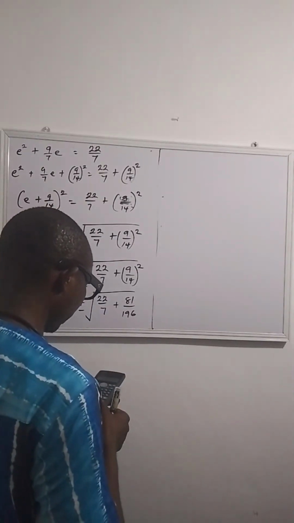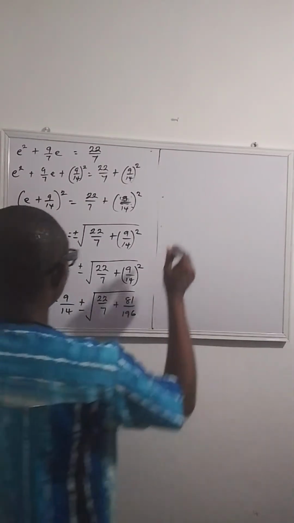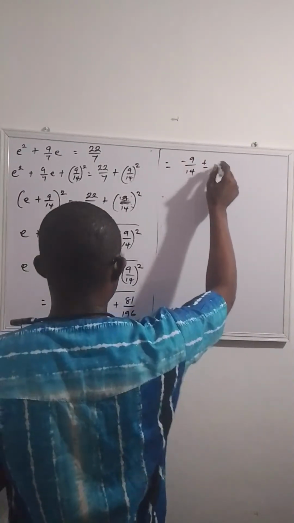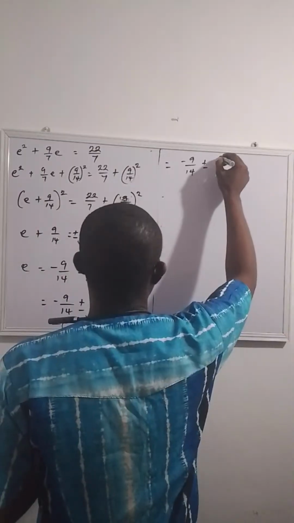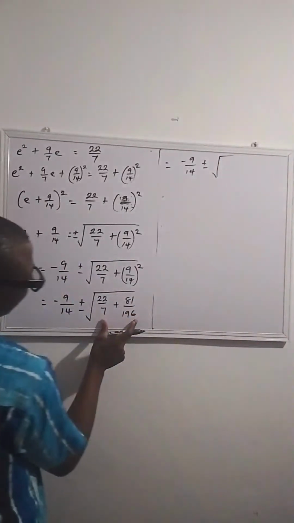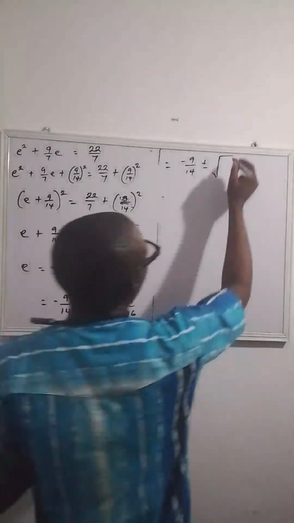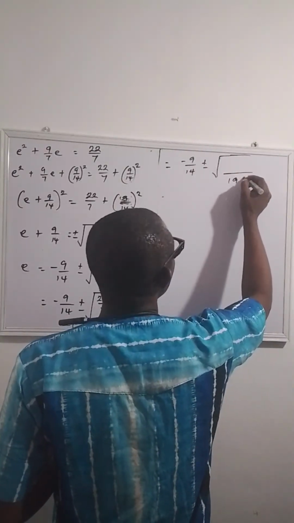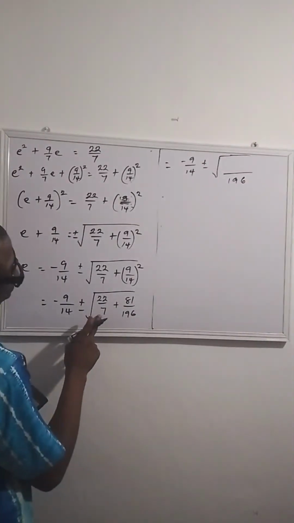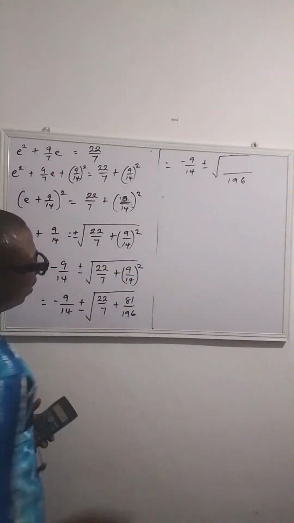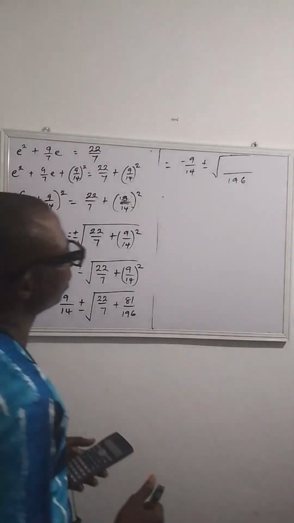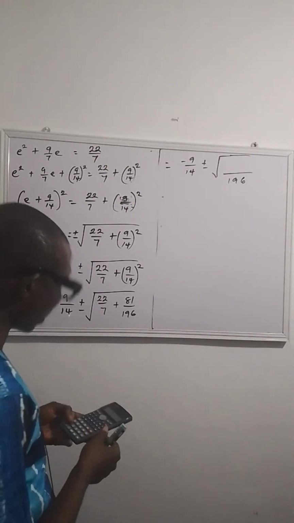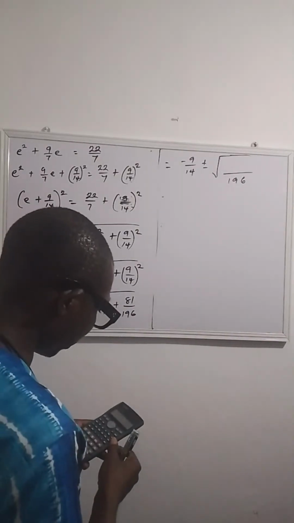So we have minus 9 over 14 plus or minus the square root of, now can we find the LCM of this? So let's say we find the LCM, that is 196. Now 7 goes into 196, what do you have? That's 28. Okay, so 28 times 22.